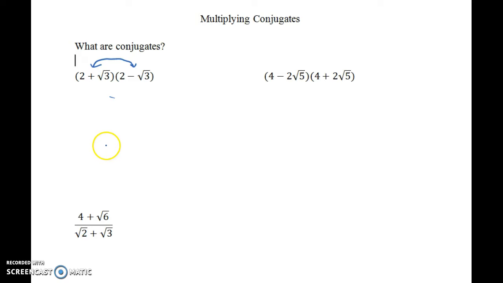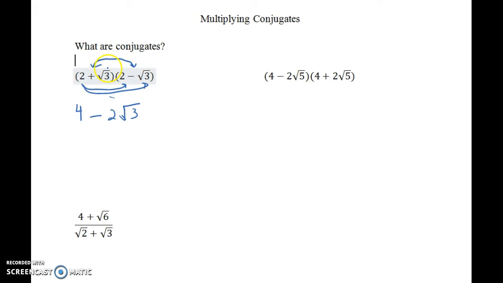How do we multiply them? Well, remember FOIL? We're just going to FOIL them out. So we multiply 2 times 2, which is 4. 2 times negative square root of 3, which is negative 2 times the square root of 3.